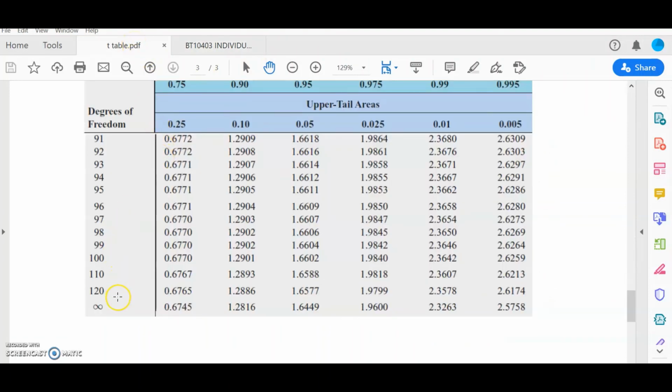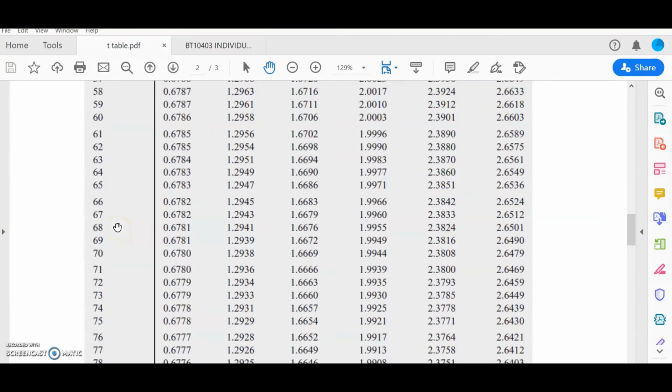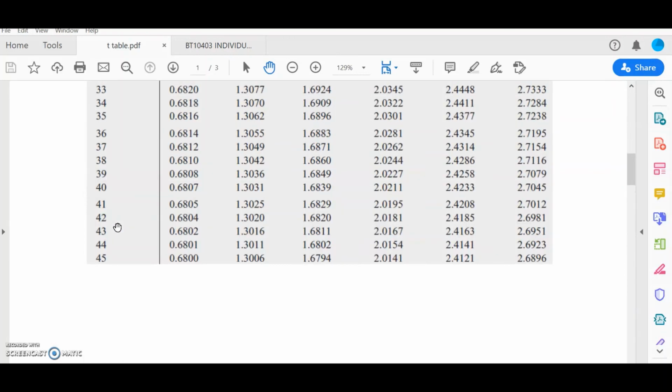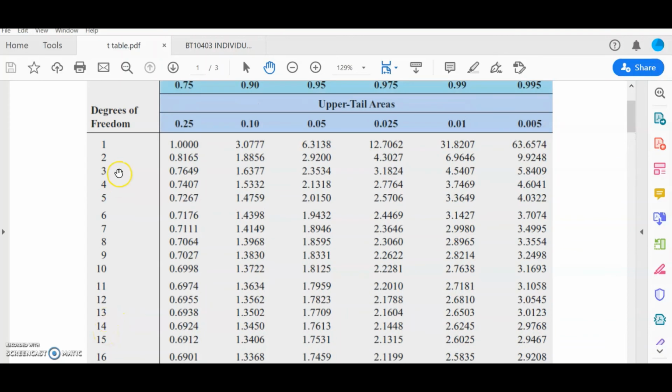Remember, before this, when we are looking for the z value, our degrees of freedom is equal to infinity. While when we are looking for the t value, the degrees of freedom will become n minus 1. So 25 cars minus 1, we obtain degrees of freedom equal to 24.